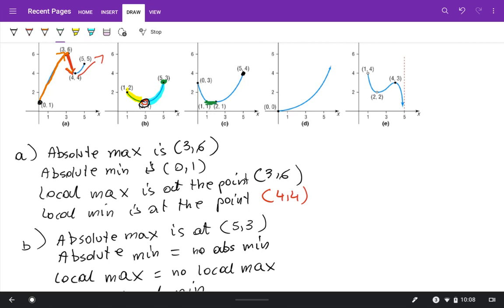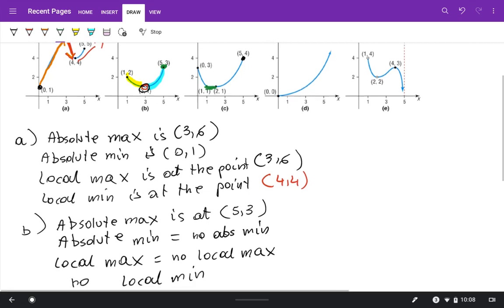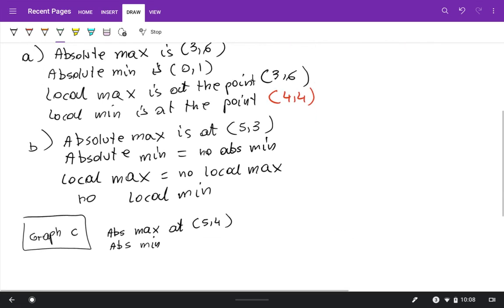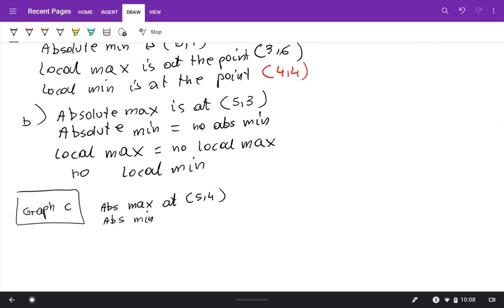So how are we going to describe that absolute minimum? The absolute minimum value is 1. Don't forget that this is the y value. When we describe maximums and minimums, we're using y values.